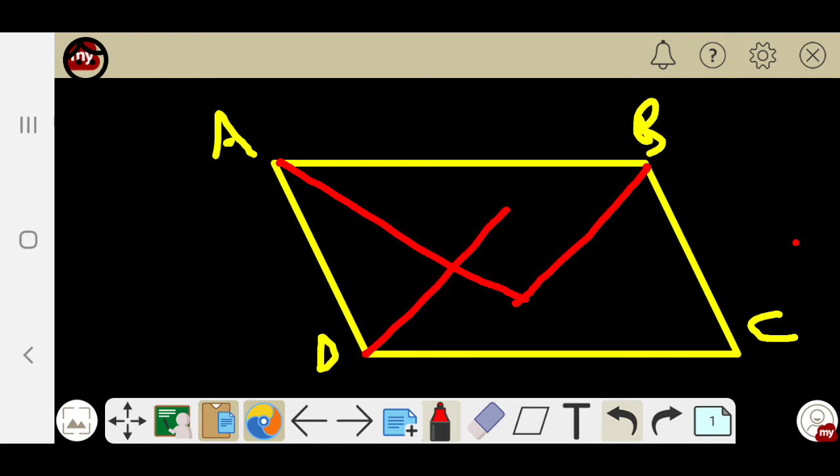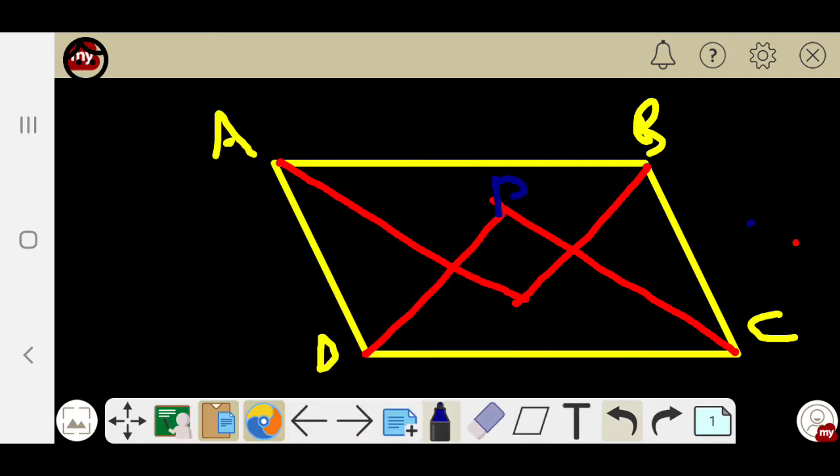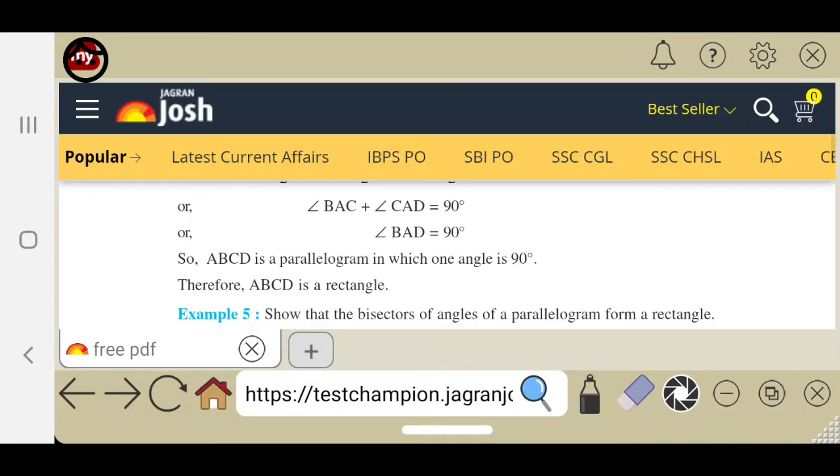What do we have to prove? We have to prove that P, Q, R, S, this intersection, is a rectangle.